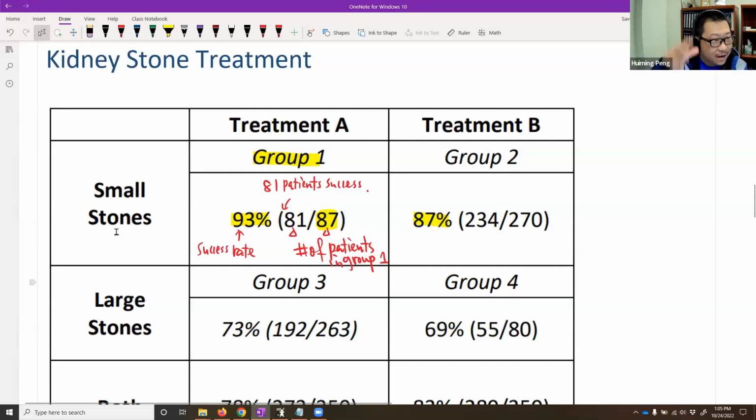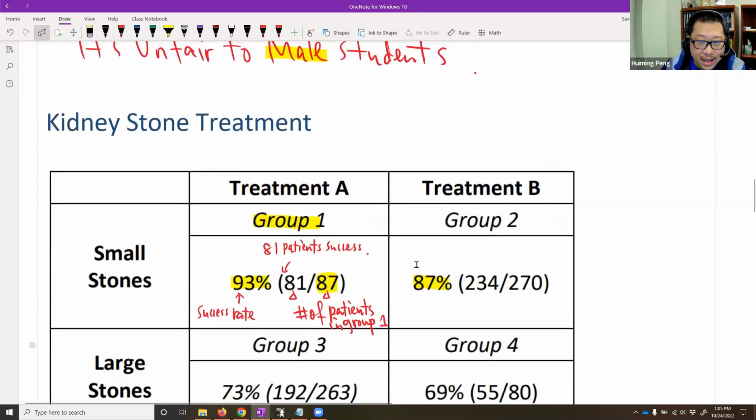We can compare both groups with small stones and see treatment A has a much higher success rate than treatment B, right? 93 is higher than 87. Does that make sense? From here, we easily get something.